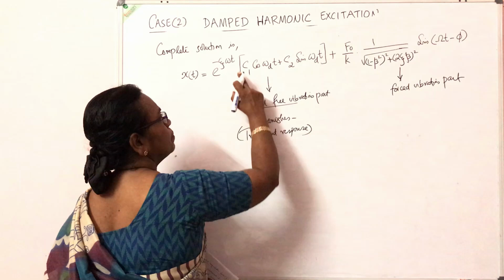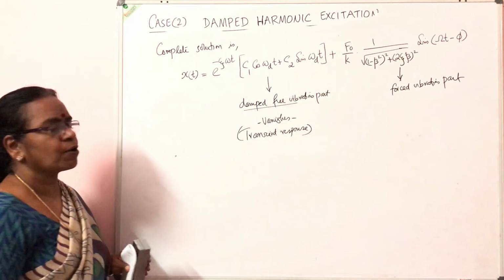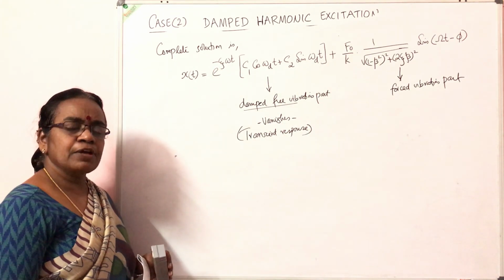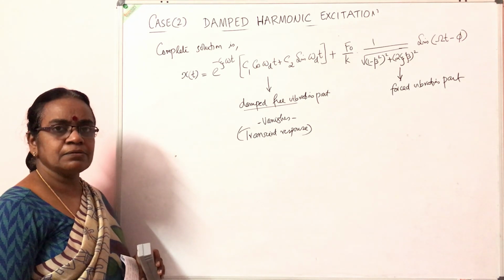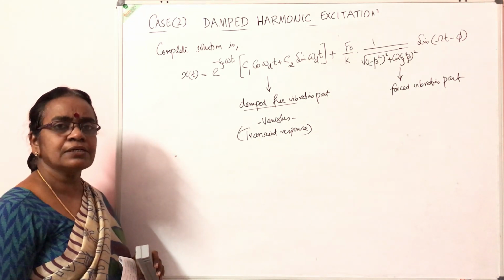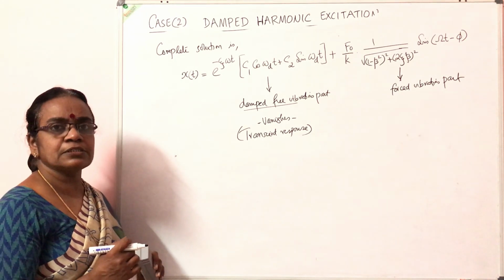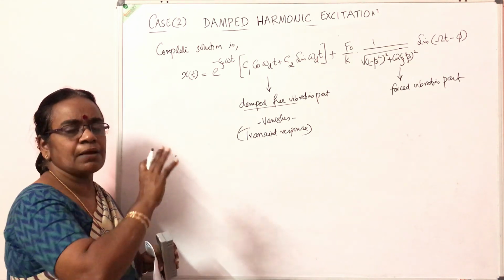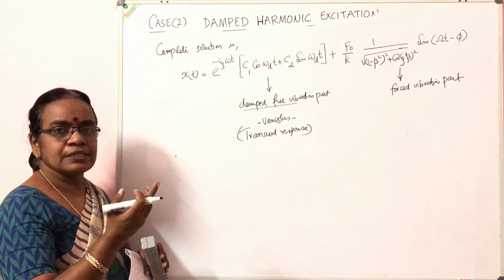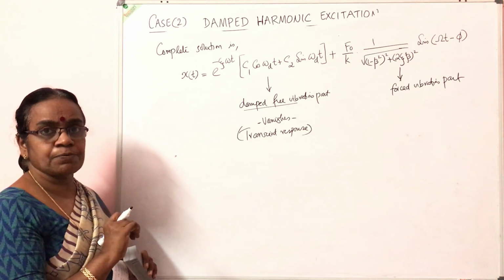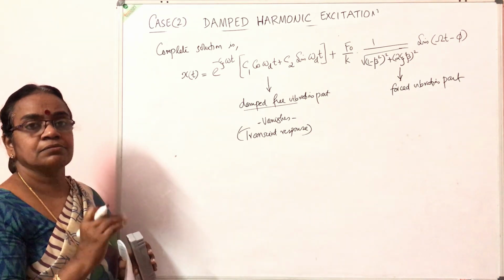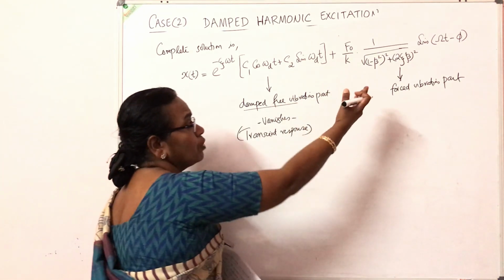The first term of the total response is at the frequency of the free vibration part. As damping is present in the system, after a certain interval of time that vanishes, and that is called the transient response.